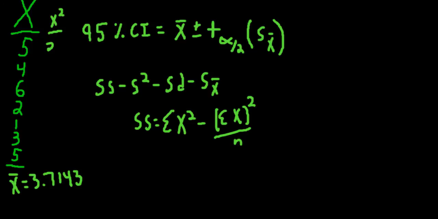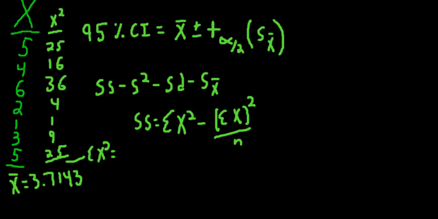So the x's squared are 25, 16, 36, 4, 1, 9, and 25. And if we add all of those up to get the sum of the squared x's, we would get 116.